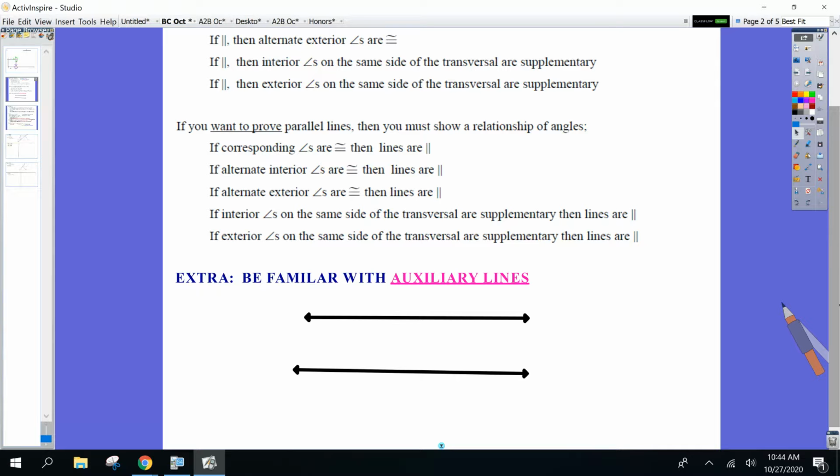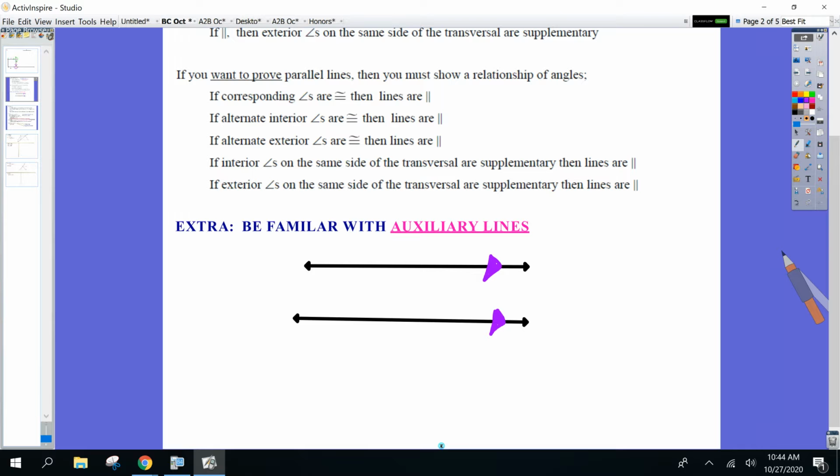First thing, here you go. I have a set of parallel lines here, and I'm going to add some stuff into there. Let me add this in right now. Let's make it a different color here.